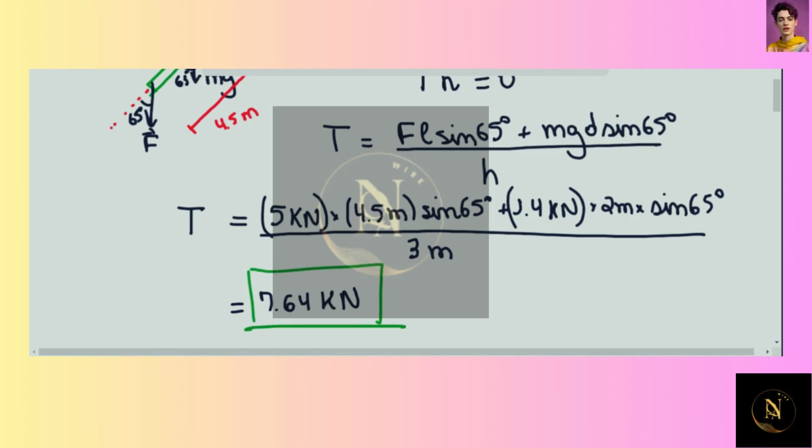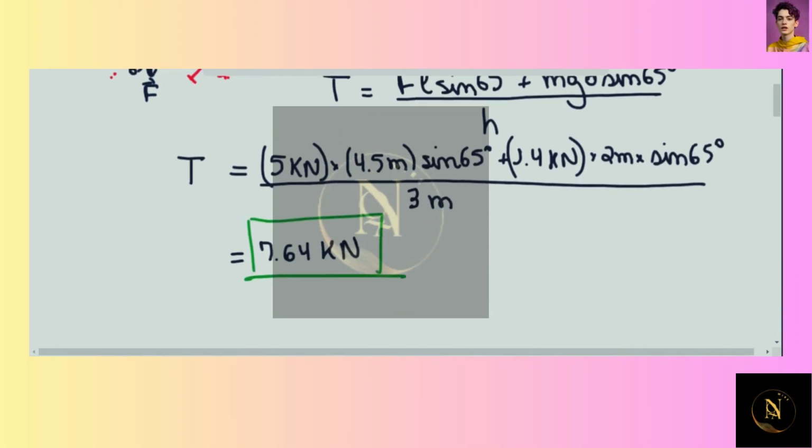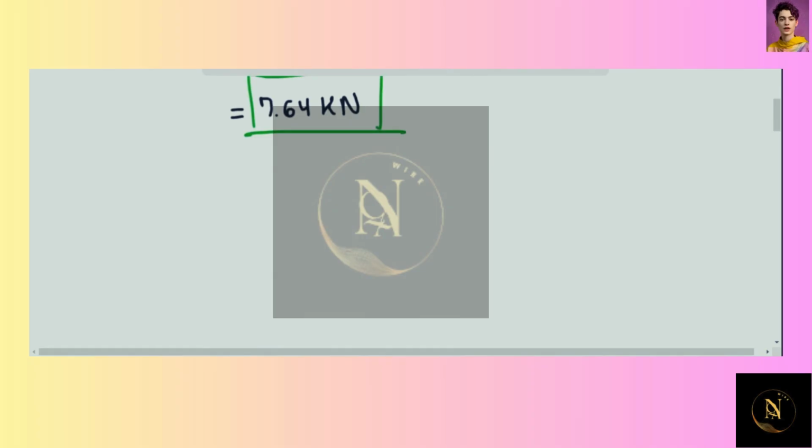Now notice that we have to find the force P that the pivot exerts. So I'm going to write T in the vector form so that we can find P. Notice that T is such that this angle here is 25. So this angle here must also be 25 degrees.